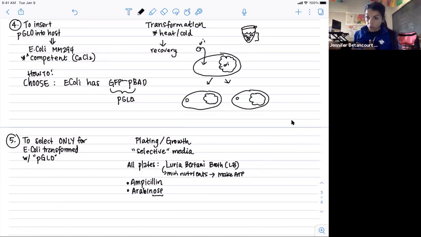It does something normal in nature, and then we take that idea and say, oh, we could use that to somehow get rid of some of the bacteria we don't want. Okay, cool. So this allows you to select, and then this allows you to do what's called screening. And let's see, did anyone else put anything?